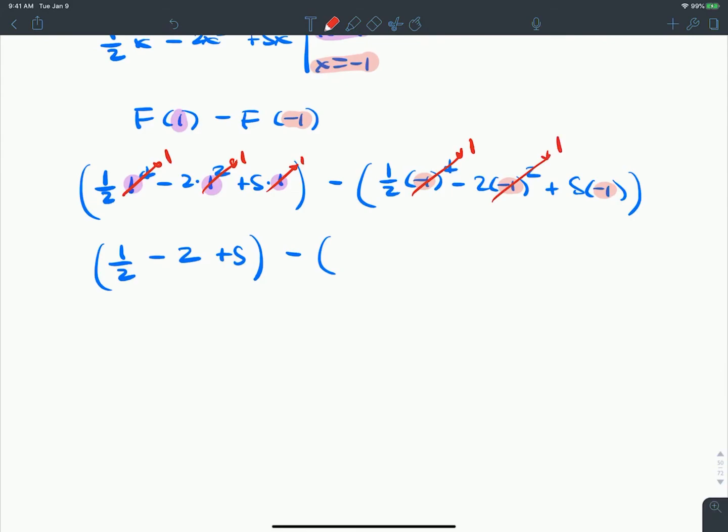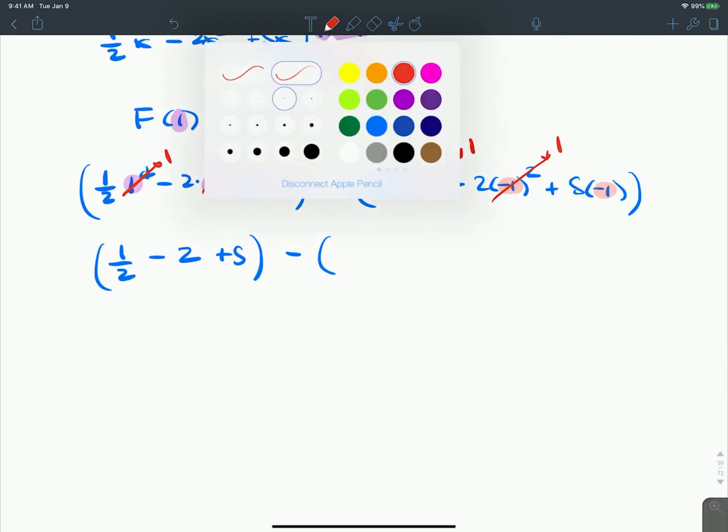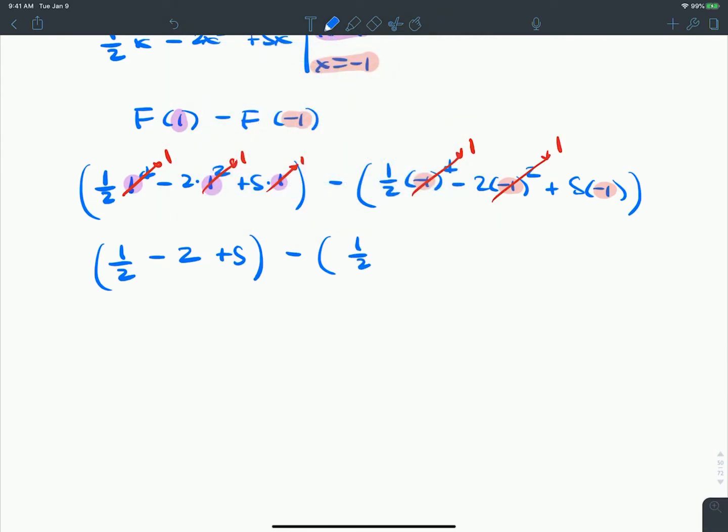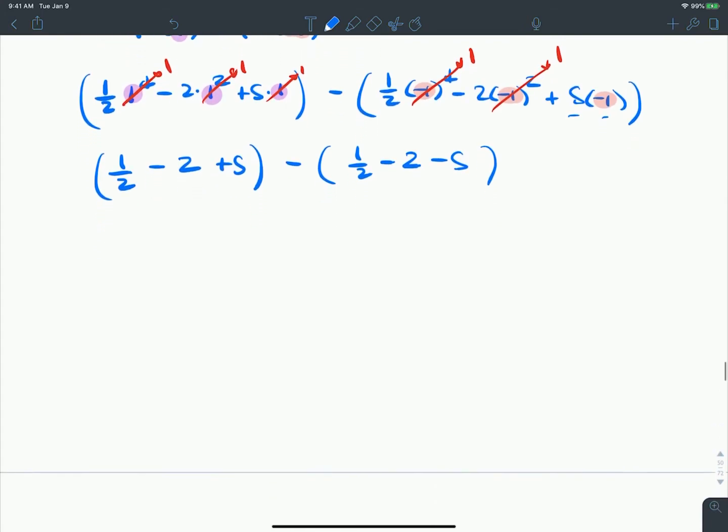Negative 1 squared is positive 1. So we'll have 1/2 minus 2 minus 5 over here because we have a positive 5 times a negative 1. Okay. 1/2 plus 3 minus 1/2 minus 7.